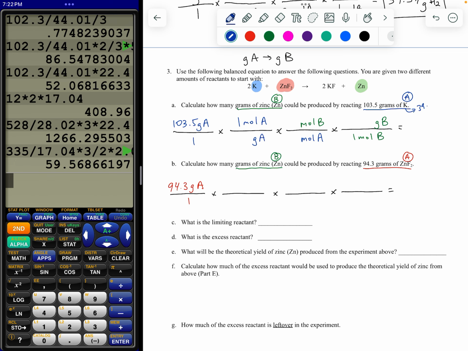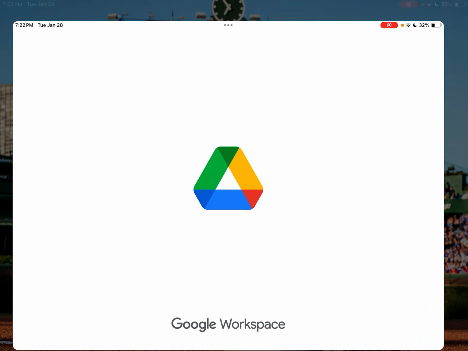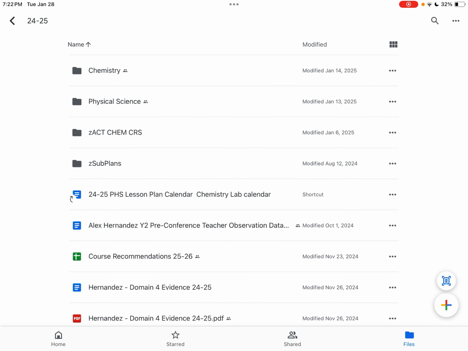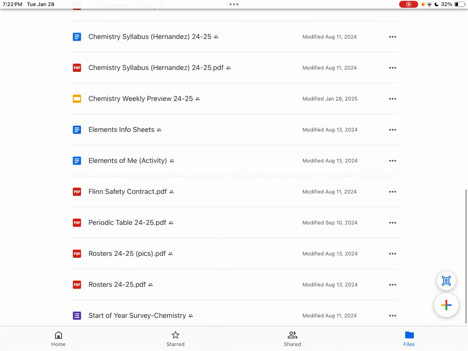In this case, K, that's 39.10 grams per mole. And B, which is zinc, is 63.55 grams per mole. You know what? Let me double check that, because I like to think I have a pretty good grasp on that. But I could always make mistakes.